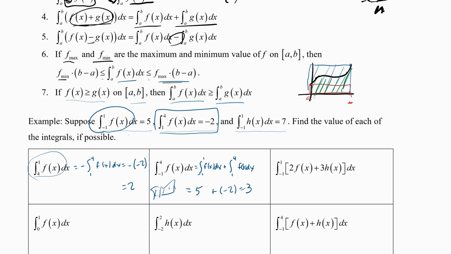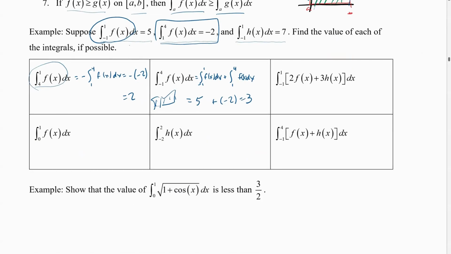Okay, what about this next one? The integral from -1 to 1 of 2 f of x plus 3 h of x. Well, I can certainly think of this as the integral from -1 to 1 of 2 f of x plus the integral from -1 to 1 of 3 h of x. Put those dx's in there. And then that constant multiplier can be pulled out.